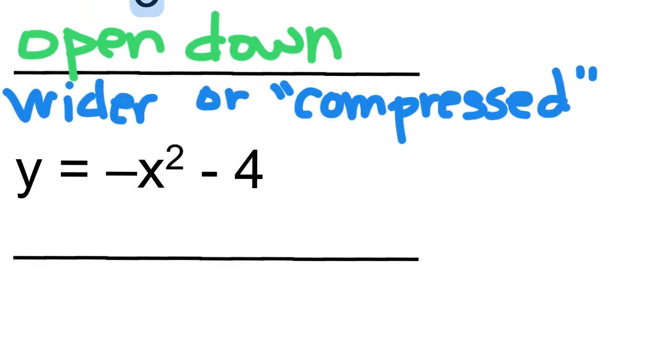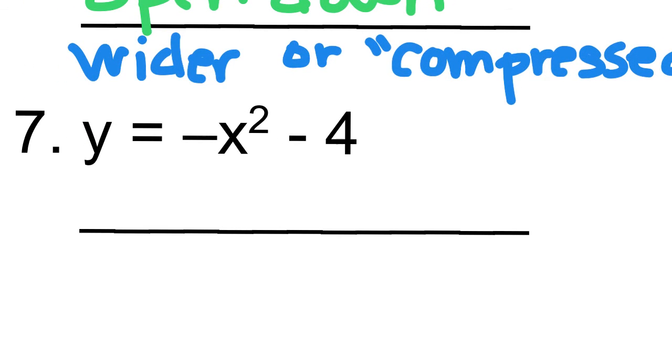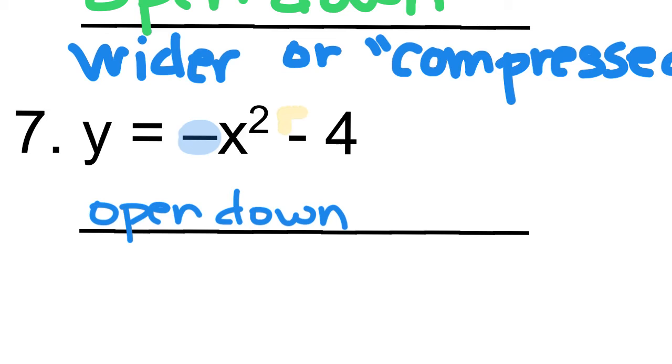Let's look at number 7. How many transformations are there? So please look at the coefficient in front of x squared. That means that it will open down. And then secondly, we have -4, but it's not inside the parentheses.